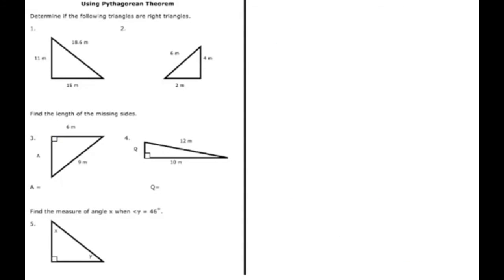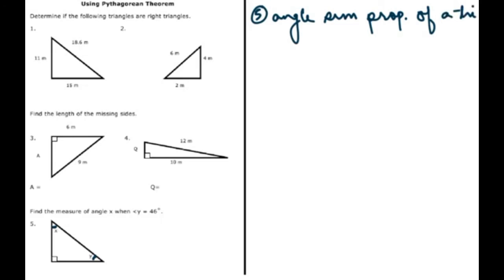So we have one more type of question here based on right angle triangles. Let us see that also quickly. Where we have given angle Y as 46 degree and we have to find angle X. Okay, so you must have learned by angle sum property of a triangle. What is angle sum property of a triangle? It says that sum of the three angles of a triangle is equal to 180 degree.